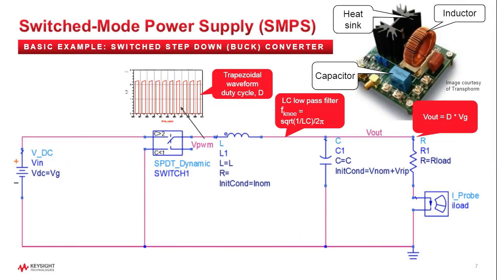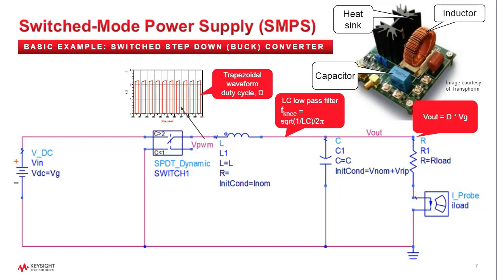So, a quick view at the power supply. This is a really, really simple example of a hard switching step-down converter, which is referred to as a buck converter. On the far left, you have a voltage source. We'll just say it's a 12-volt car battery, for instance. Then we have a switching device, which is some transistors.